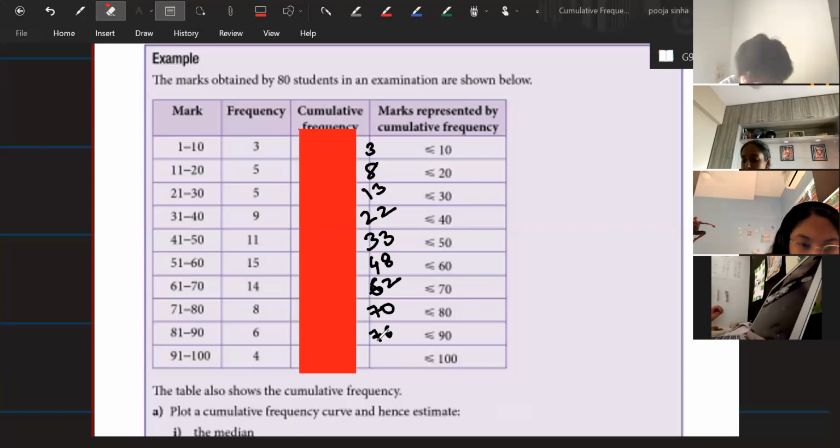Cumulative frequency. Less than 90 up till here. What is the total frequency? 76. Then what will be less than 100 if there are 4 more frequencies to be added?